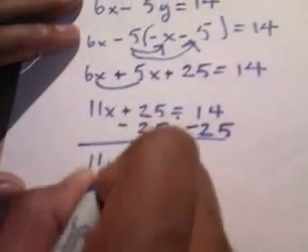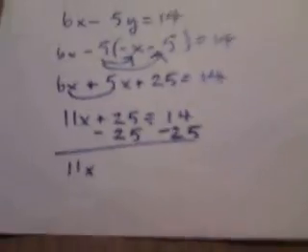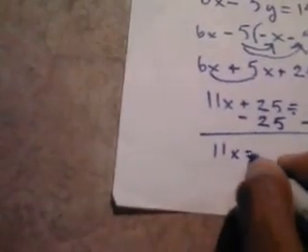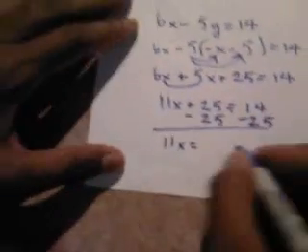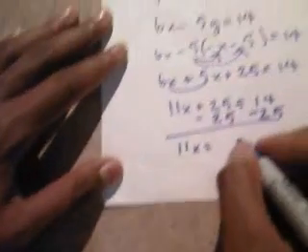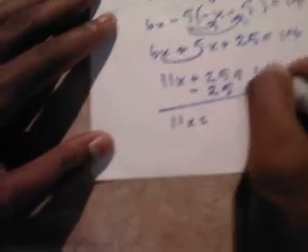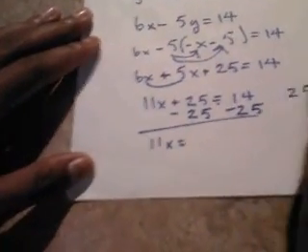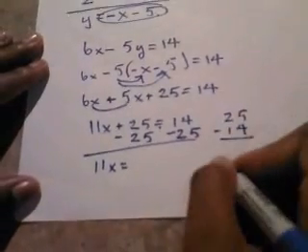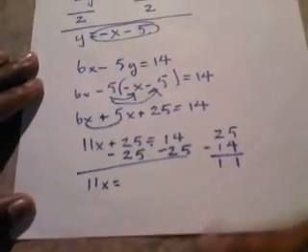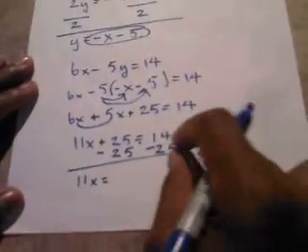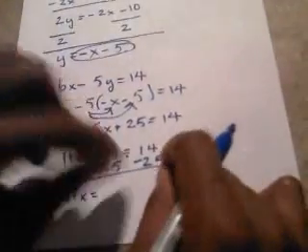So now you have 11x equals 14 minus 25. So you want to do 25 minus 14, which equals 11, but it's negative 11, because the positive 14 is smaller than the negative 25.